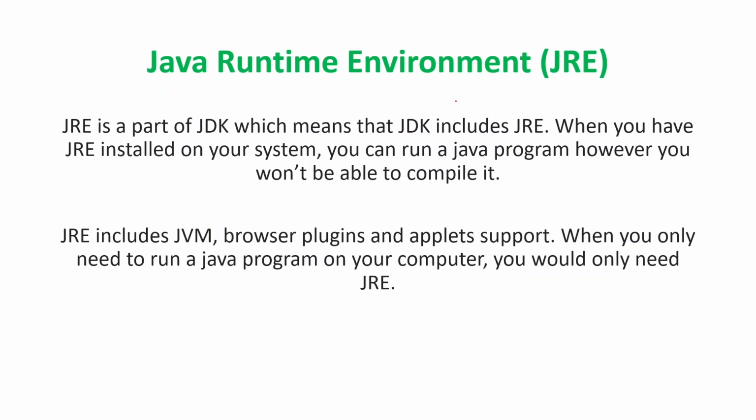Basically what this JRE is doing is it will execute our bytecode as machine code, right? It will convert bytecode into machine code. But for this conversion process we need the JVM. Because of that, the Java Virtual Machine comes inside JRE.